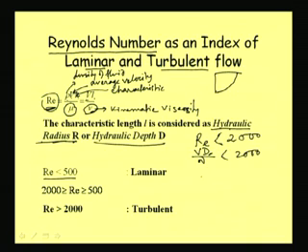Now, in case of a pipe, if we write the hydraulic radius R, just to refresh your memory, hydraulic radius is equal to A by P, so it is equal to area by perimeter.